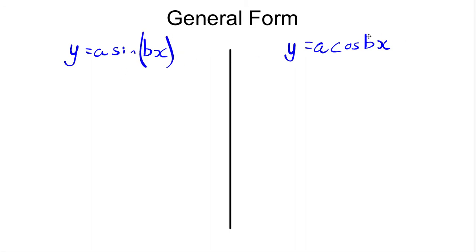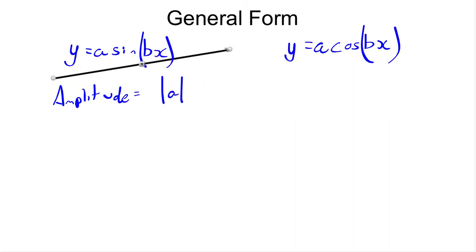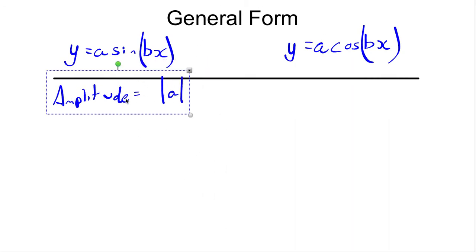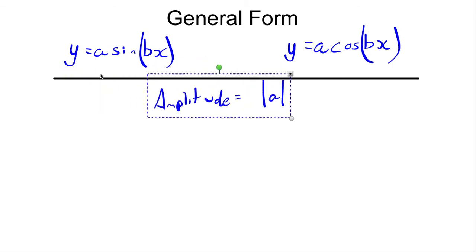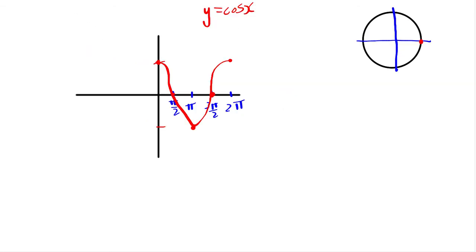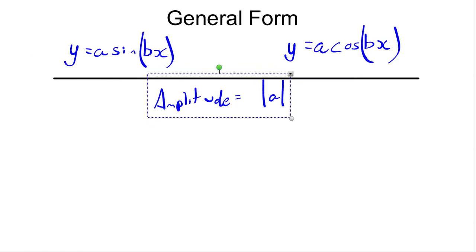So the amplitude, how high is it going to go? This is equal to the absolute value of a. So, for example, if I have y is equal to 3 times the sine of bx, then this height up here would be 3. So the scale changes, but the picture doesn't really.